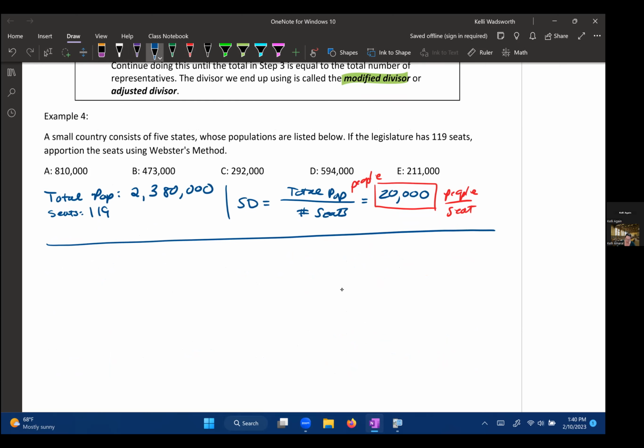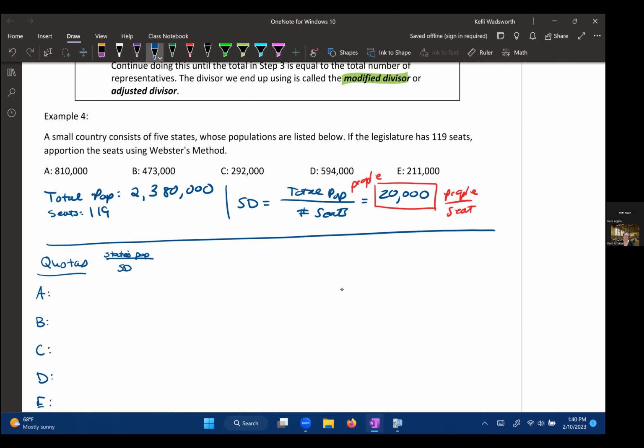All right, so I want what I think I've been calling the standard quotas, but I'll just call them the quotas. So we have state A, state B, state C, state D, and state E. If you remember, the quota is always the state population divided by the standard divisor.